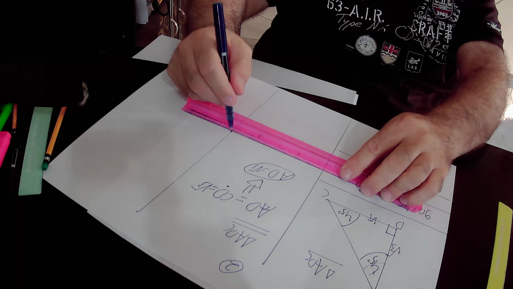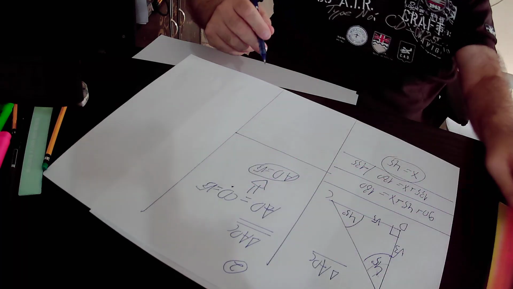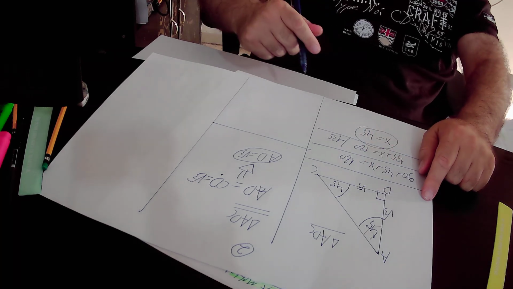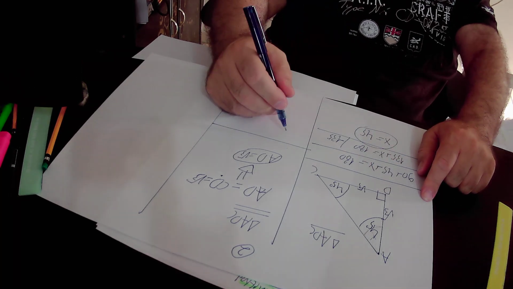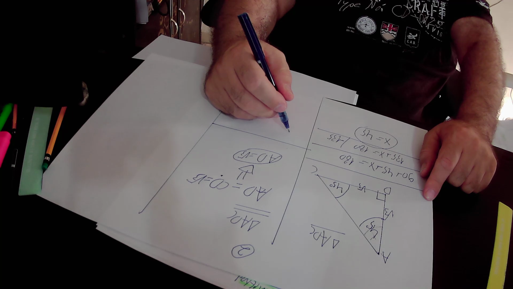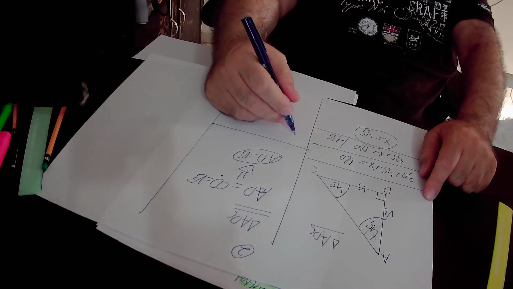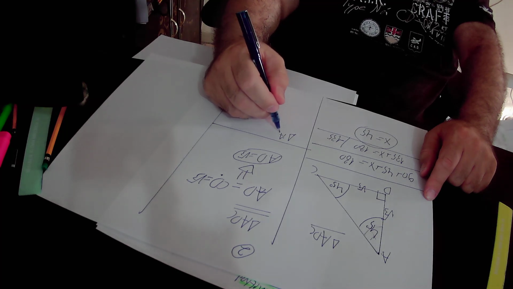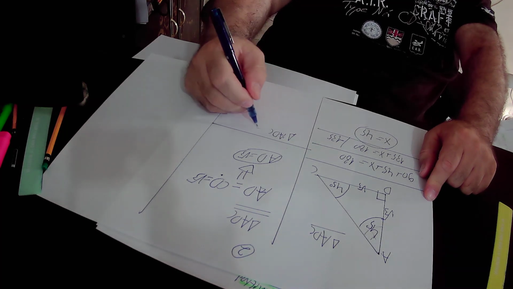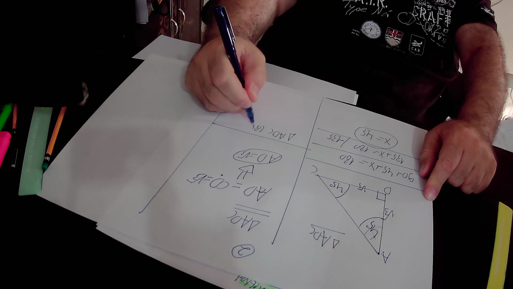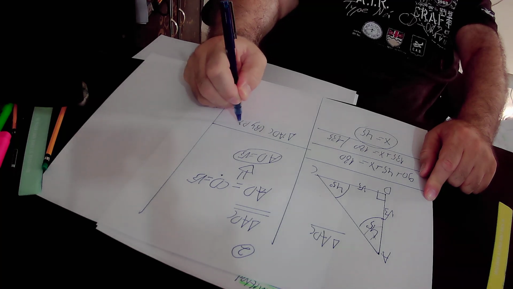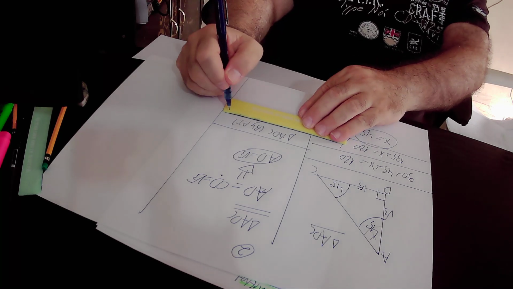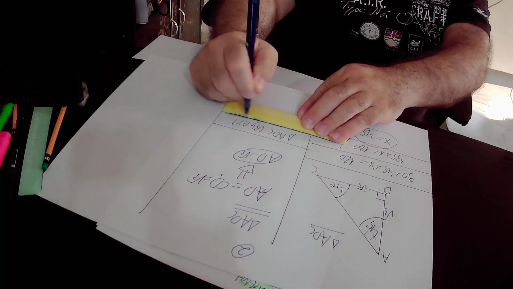And we'll implement the Pythagoras theorem on this right triangle, triangle ADC. According to the Pythagoras theorem, the square of the hypotenuse equals the sum of the squares of the perpendiculars.